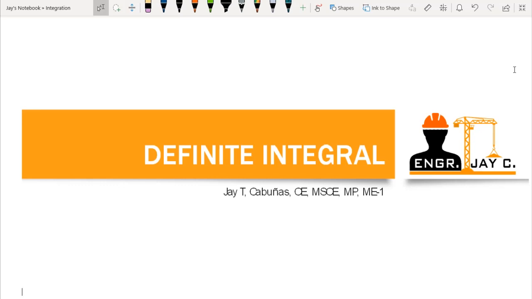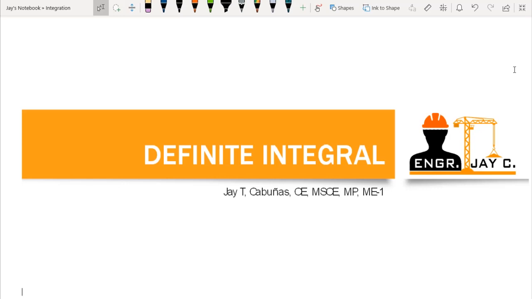So in our previous videos, we talked about indefinite integral. But when we say indefinite integral, we have what we call arbitrary constant c in our equation, since in indefinite integral we are producing a general form of equation, or what is otherwise known as the general solution.